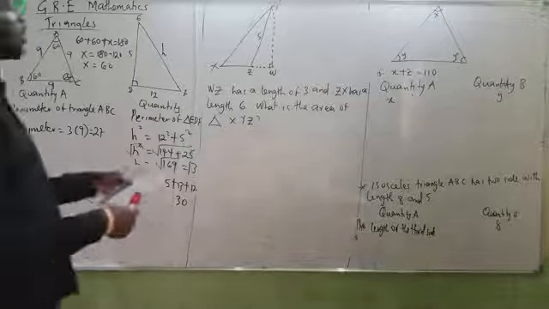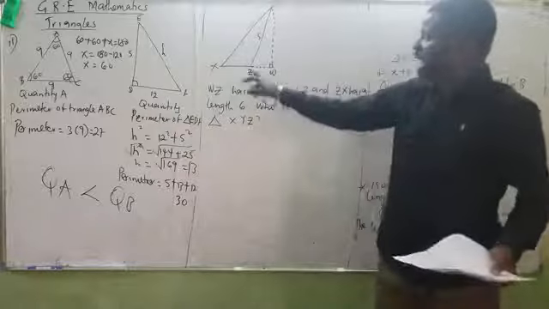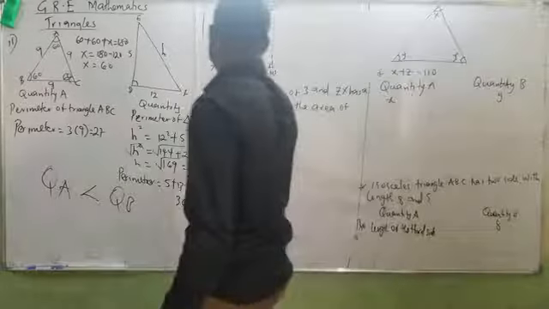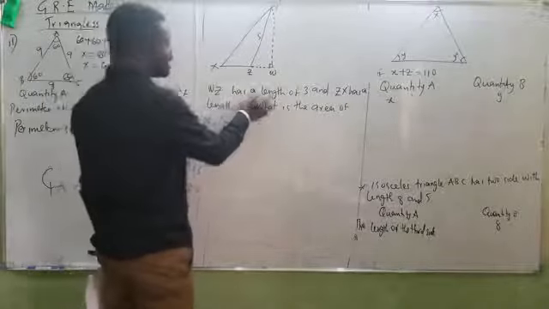Now, I also need to look at this particular triangle. This is given and this is not given. They said WZ has a length of 3.